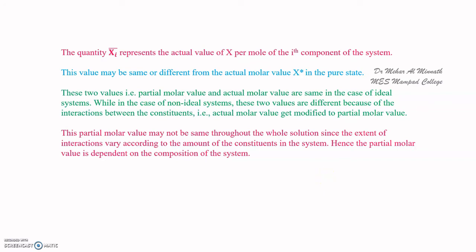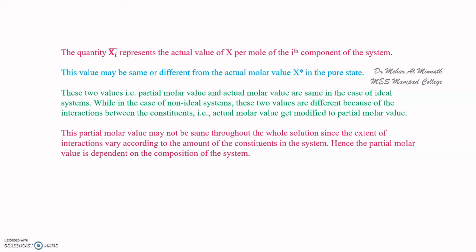So the partial molar value is dependent on the composition of the system. So you can say if the system is dilute solution, if the solution is very dilute, probably the partial molar quantity will be same throughout the system.